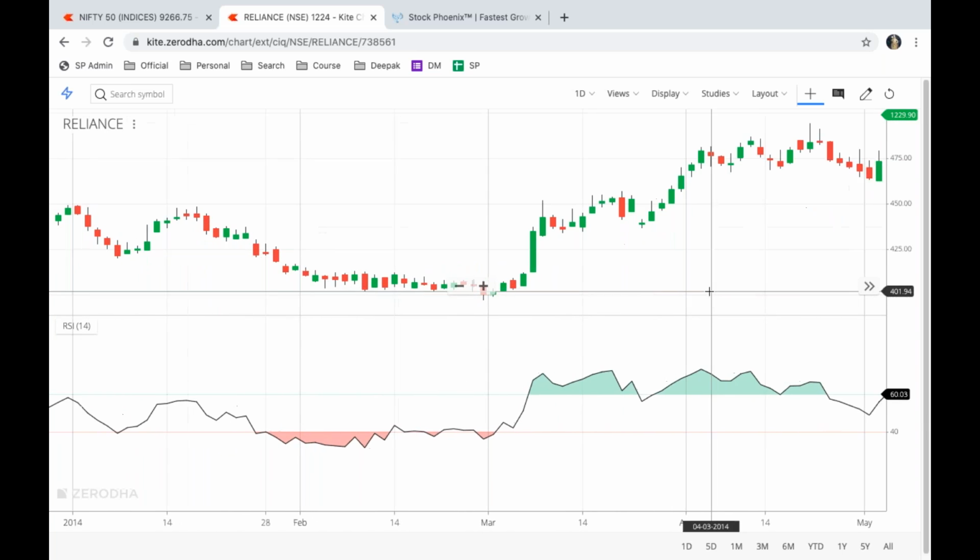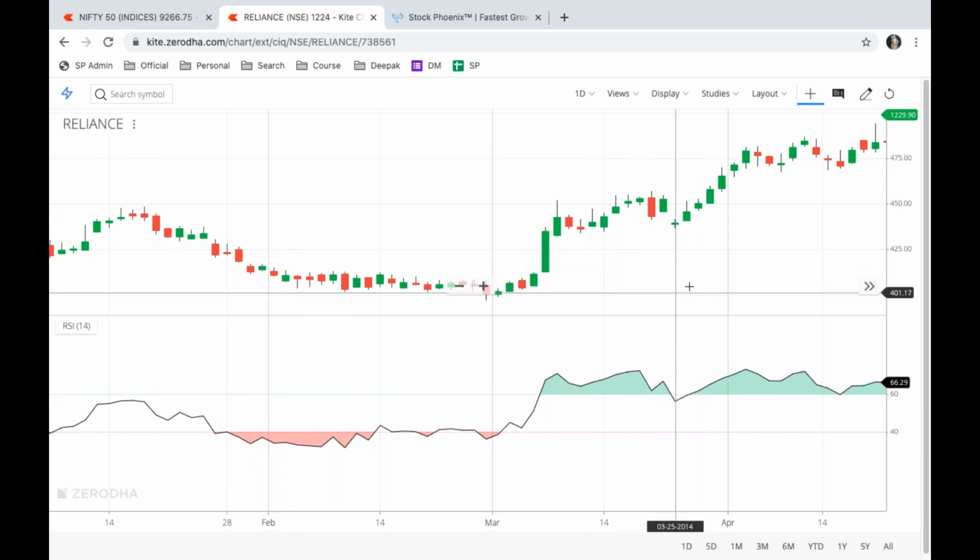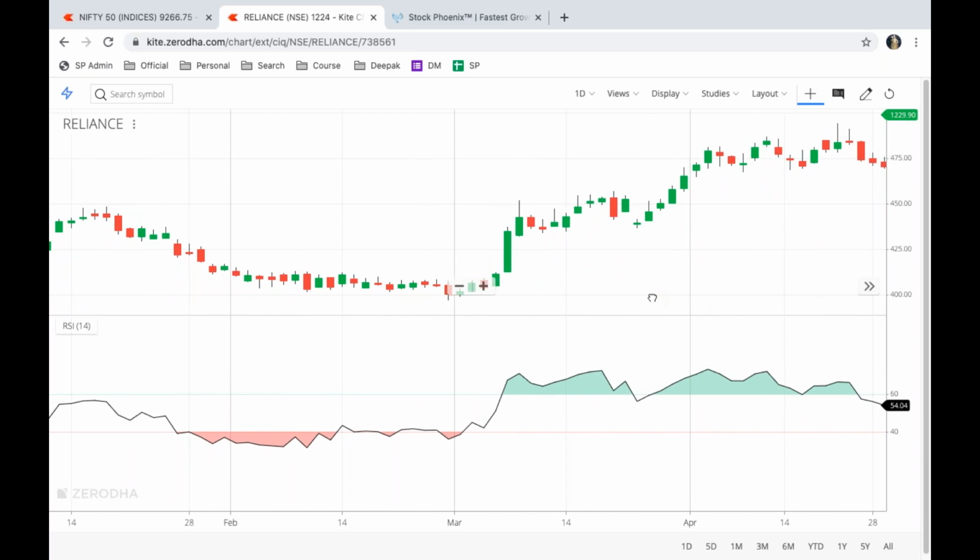Now I'm going to teach you how to trade based on RSI. Just now I told you how to make an entry based on RSI 40. You can see here, this is the place we can make an entry, because from the downside it is reversing. Let me take out the cursor.